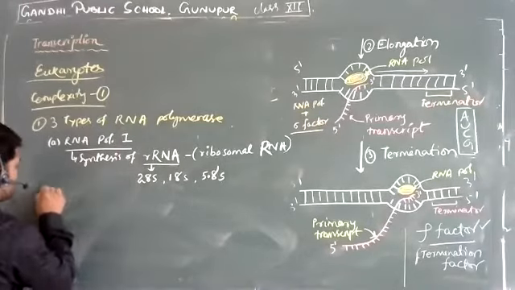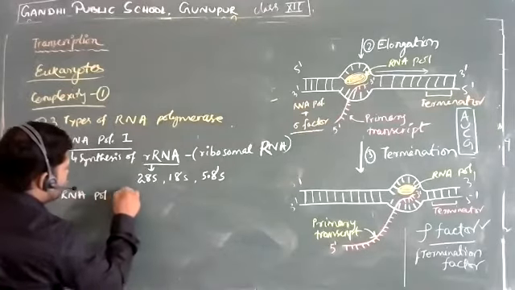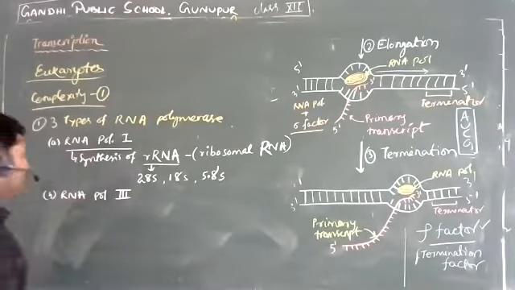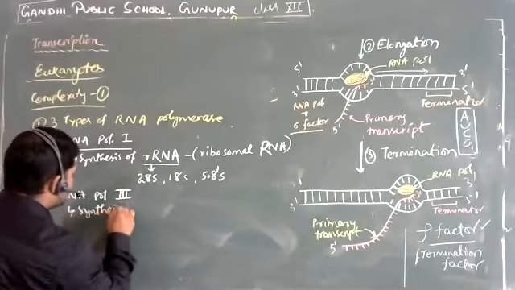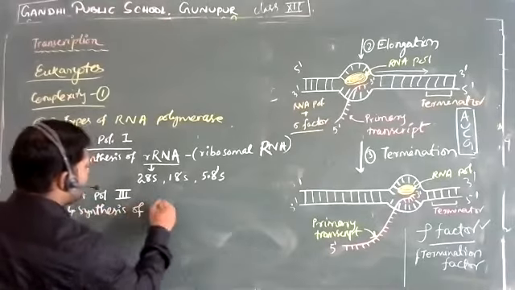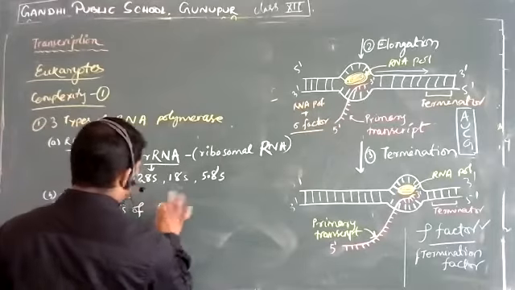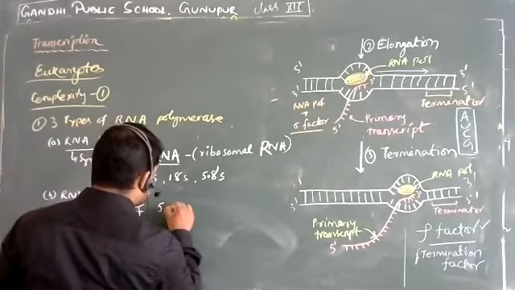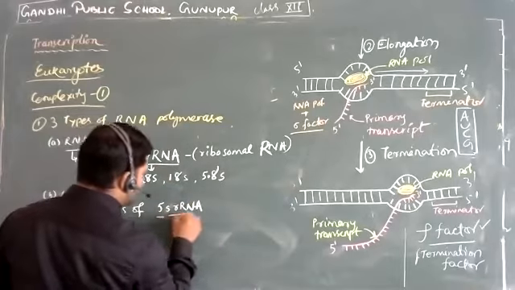The second type is RNA polymerase 3. RNA polymerase 3 is involved in the synthesis of 5S rRNA.